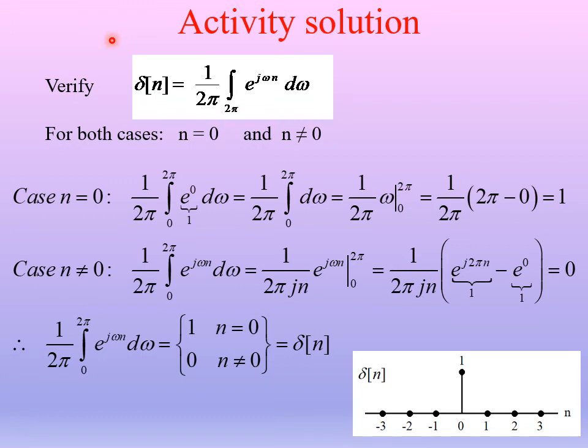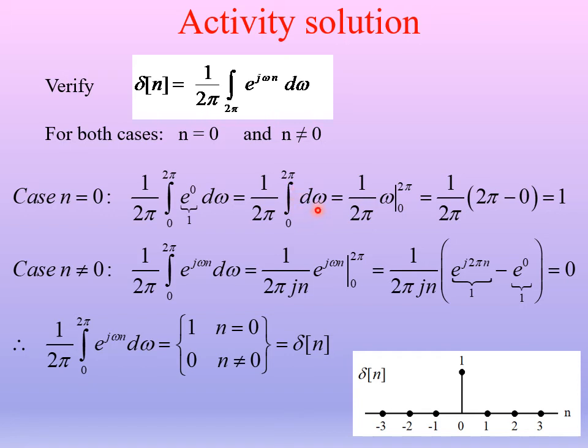All right, real quickly, let's go through the solutions to the activity. We're supposed to verify that this integral describes the delta function. For the first case, when n is equal to 0, this is pretty simple. When we put a 0 up here, e to the 0 becomes a 1. So we basically just have an integral of d omega from 0 to 2 pi.